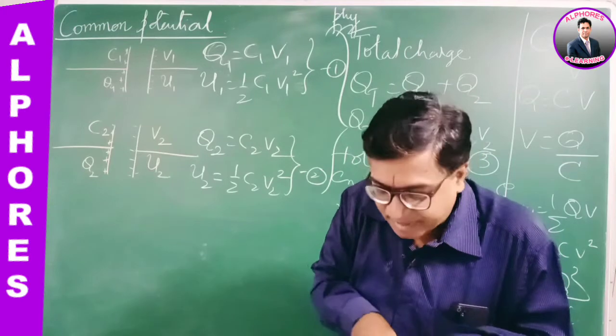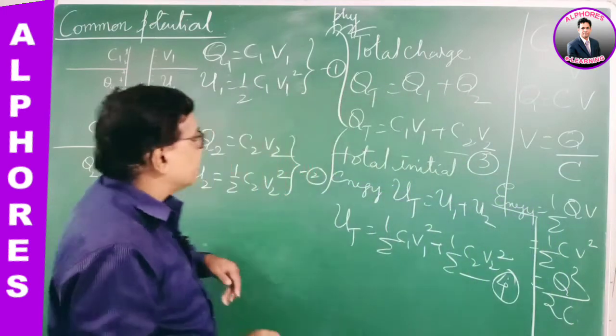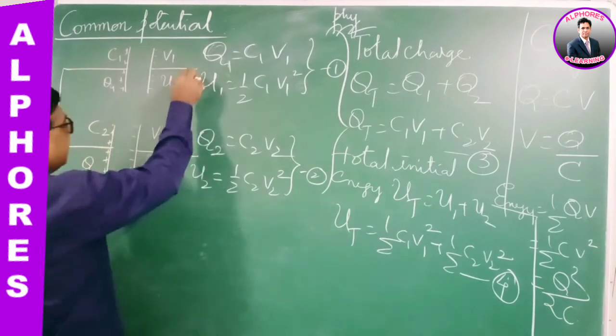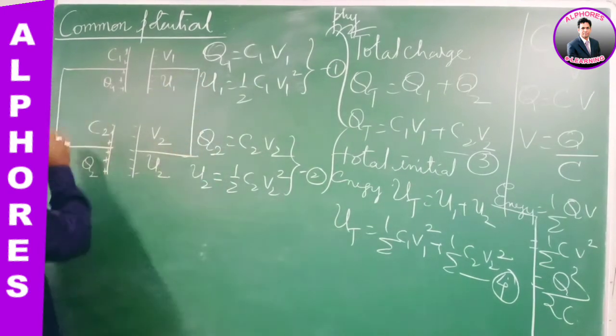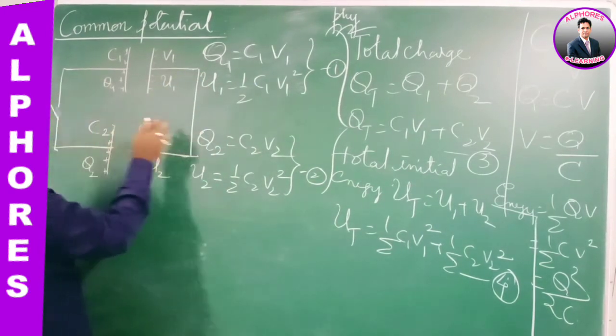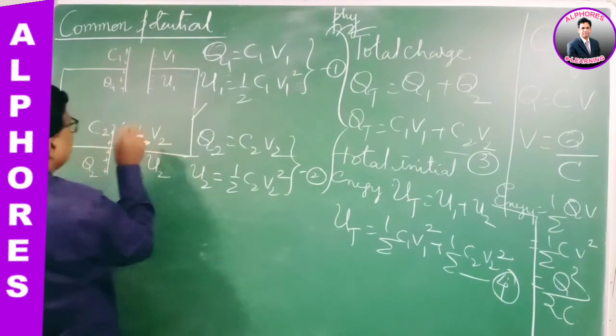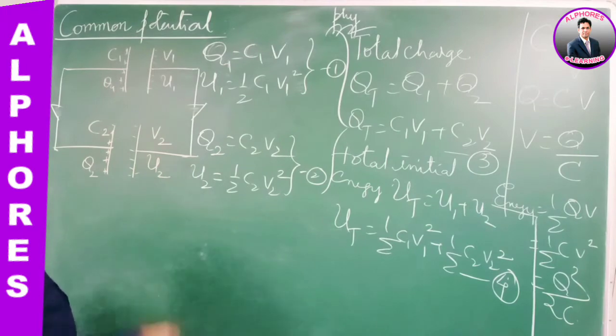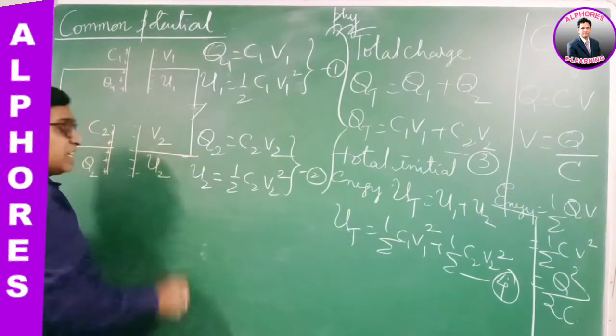So what happens if I connect plus to plus and minus to minus? Both are connected. There are two keys like this. I switch on this key and this key. Then what happens?